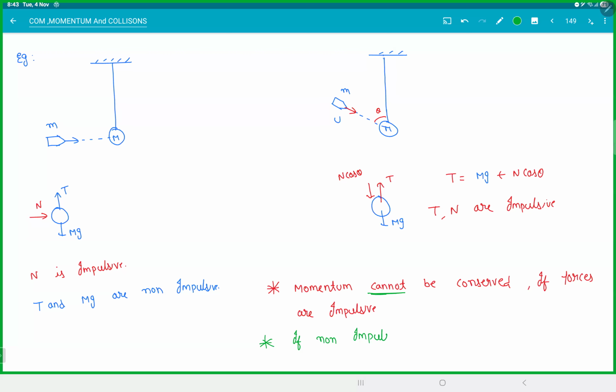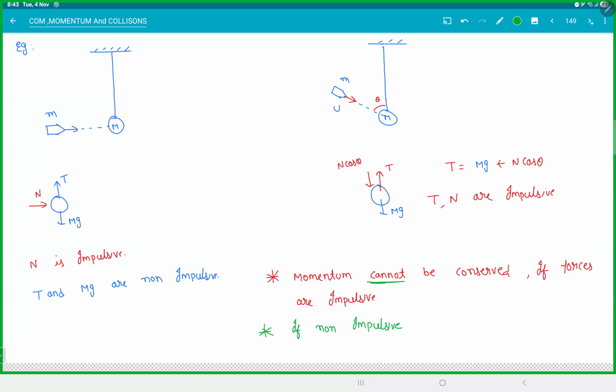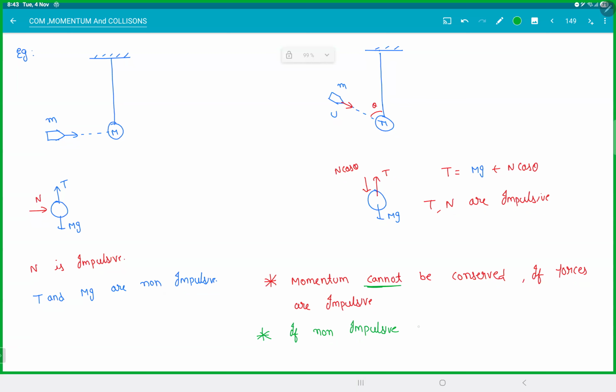There'll be a small error, but it's decent, that much you can say. If non-impulsive forces like mg are present, momentum just before and just after can be approximately conserved. Because, for example, you take mg into time: mg is finite and time is so small, dt tends to 0, the whole value will tend to 0. Before and after collision, momentum can be conserved.